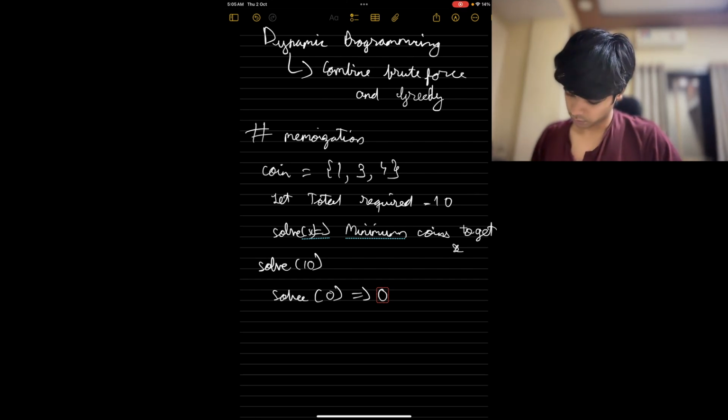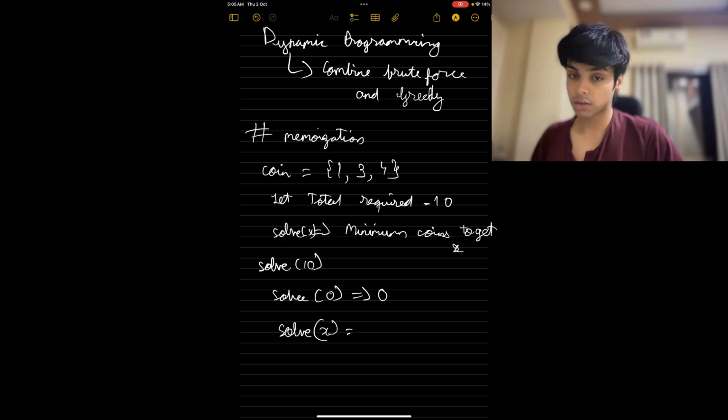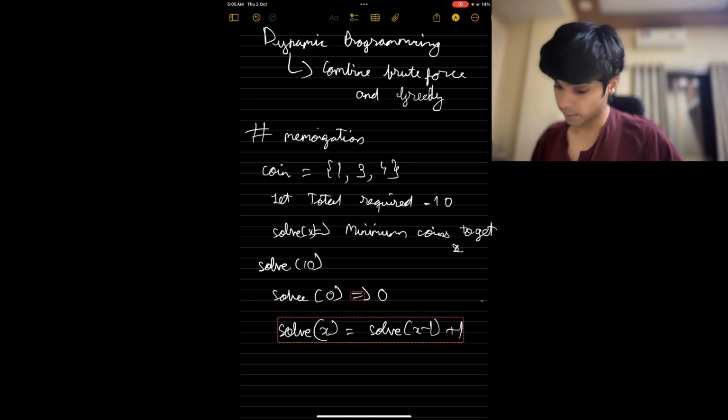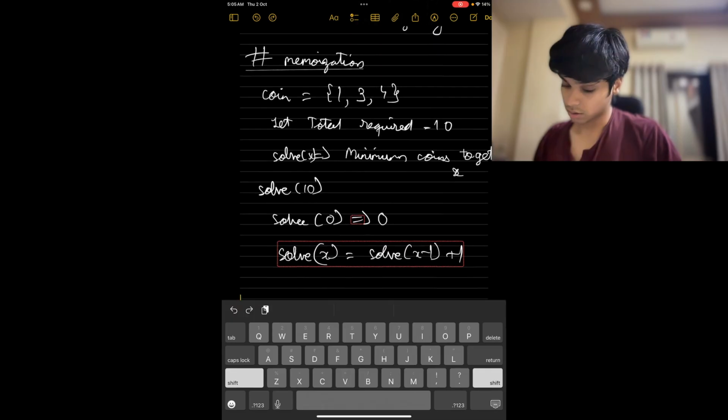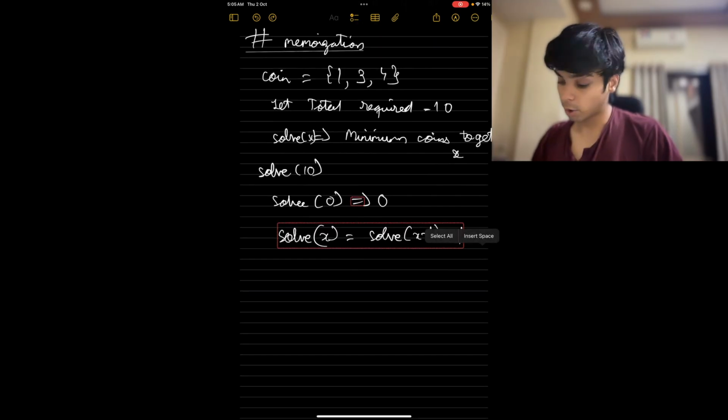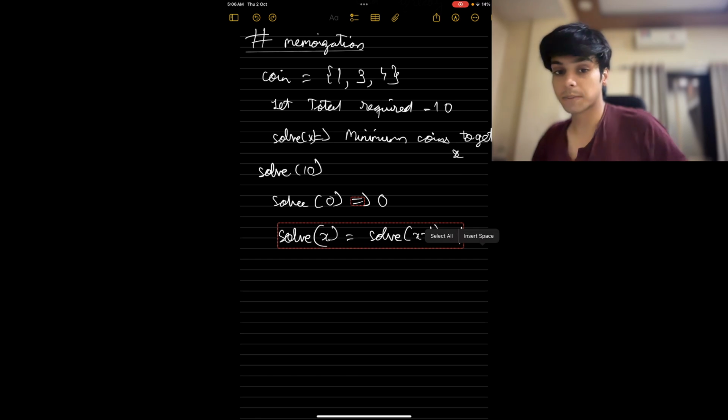Then solve of x will be solve of x minus 1, plus 1. If I've taken 1 rupee from solve and in the most optimal solution a 1 rupee coin is used, then it will be like 1 coin added and 1 rupee reduced, and this gives us the best.